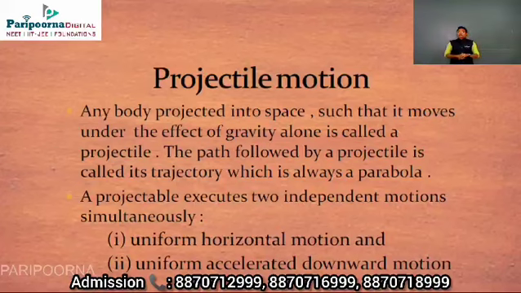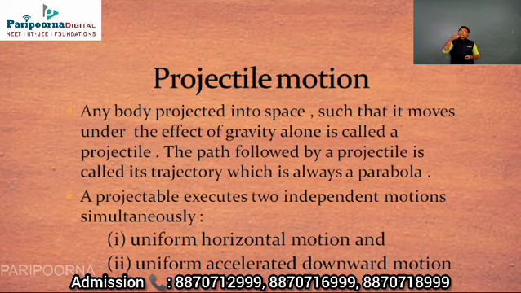Projectile. Now can you understand what is a projectile? The path followed by a projectile is called the trajectory, which is always a parabola. Now a projectile executes two independent motions simultaneously.